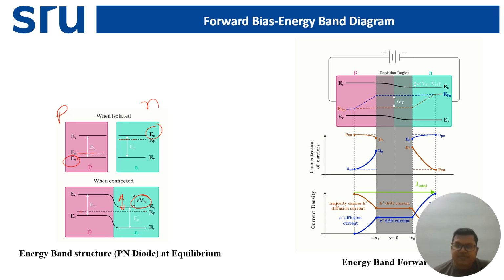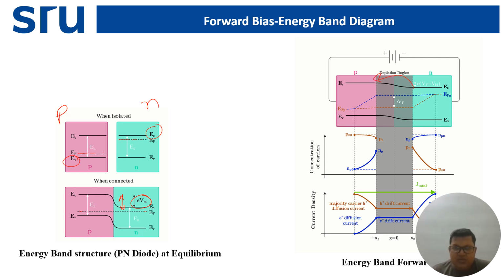Now on this side we can see the forward biasing. The positive side is connected to the P side, and as you can see the band bending has become less because of this forward bias, so the barrier has been reduced for the electrons to go from here to here.